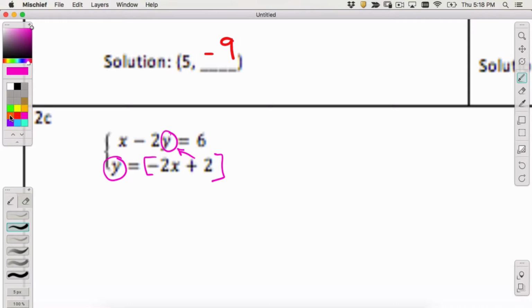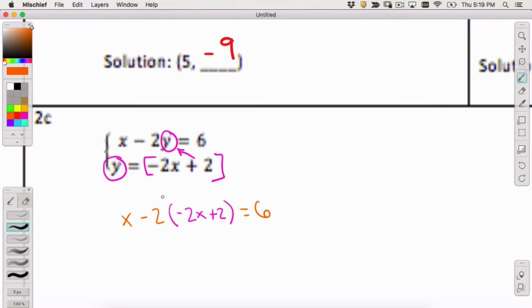So I'm going to rewrite this: x minus 2 times this whole thing right here, negative 2x plus 2, equals 6. Like with the second one, we're going to solve for x, and then we have to solve for y.